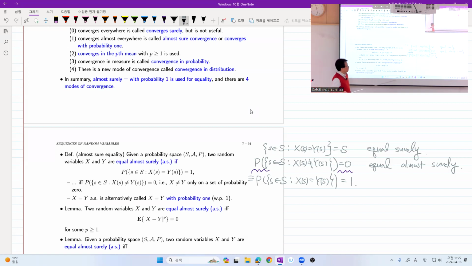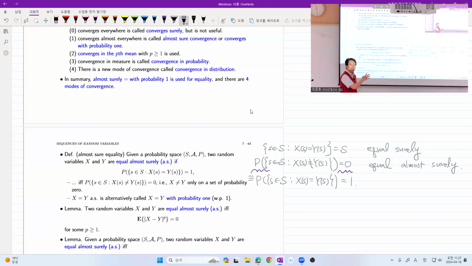Here I emphasize that when we talk about random variables, the measure of some event, which is the probability of some event, is finite. That's why we can just use this one. They are the same, right? The complement event has 1 minus the probability of that event.